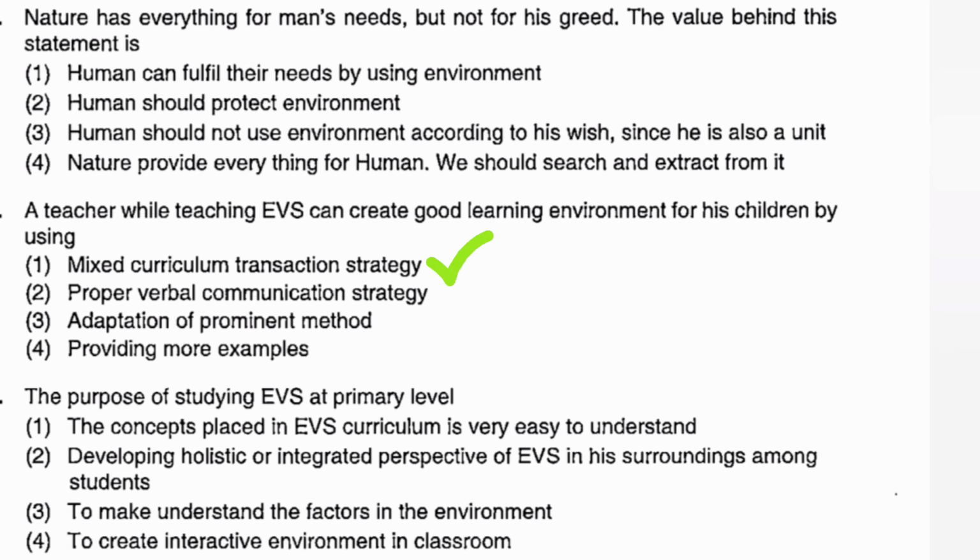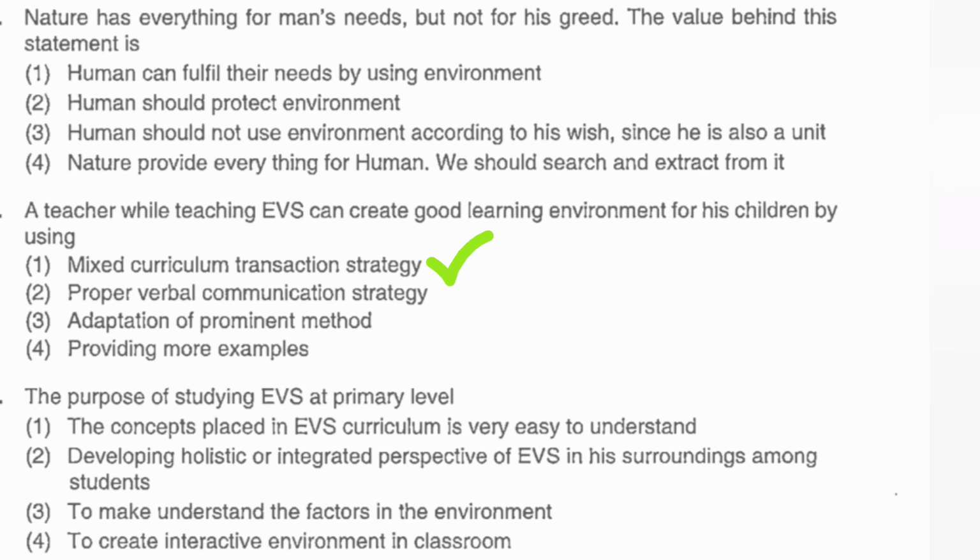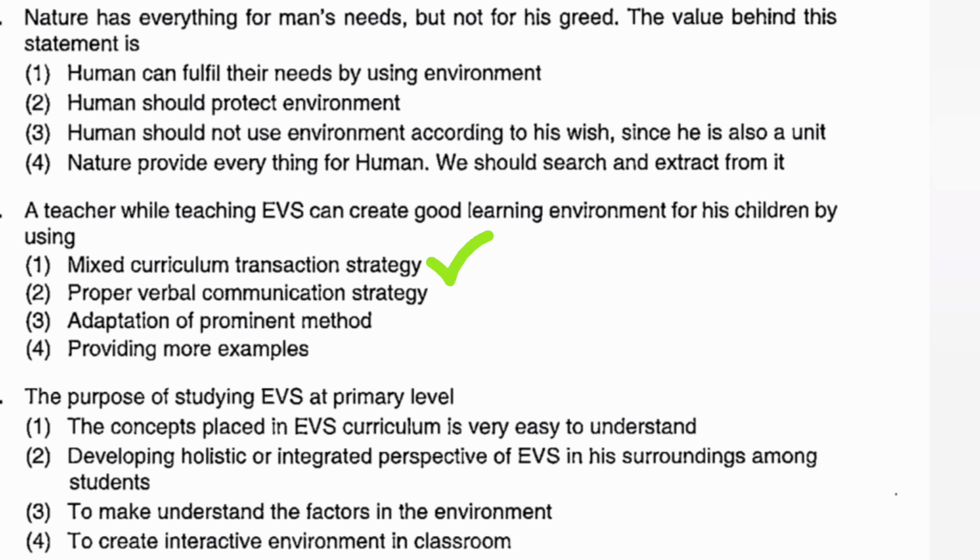Reason: it combines projects, discussions, experiments, observations. Answer 1 is correct. Next one. The purpose of studying EVS at primary level: develop holistic or integrated perspective. So answer 2 is correct.